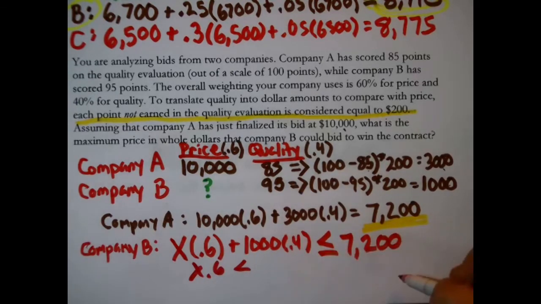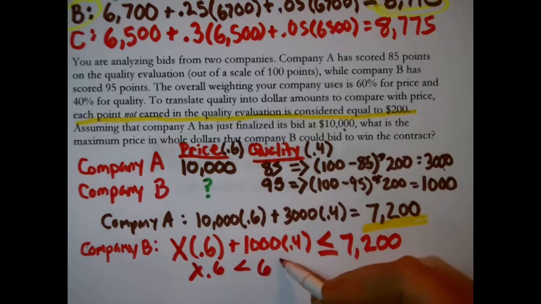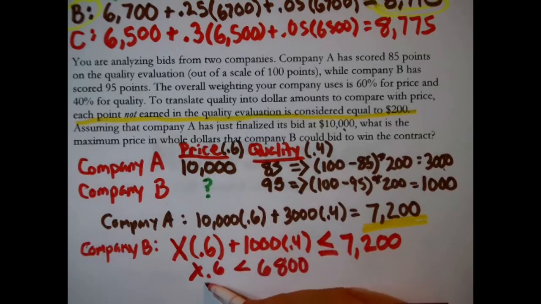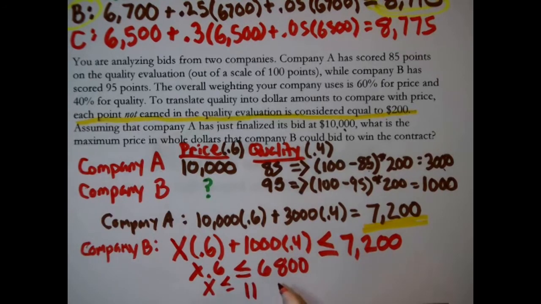If you subtracted that from both sides, this over here would become 6,800, which means that you could say that x is less than or equal to, divide both sides by 0.6. 6,800 divided by 0.6 comes out to, on the calculator, 11,333 in whole numbers. It's actually 11,333 and a third.